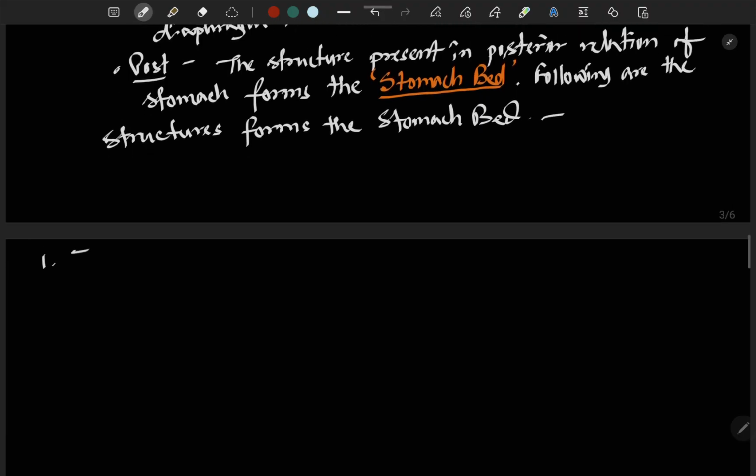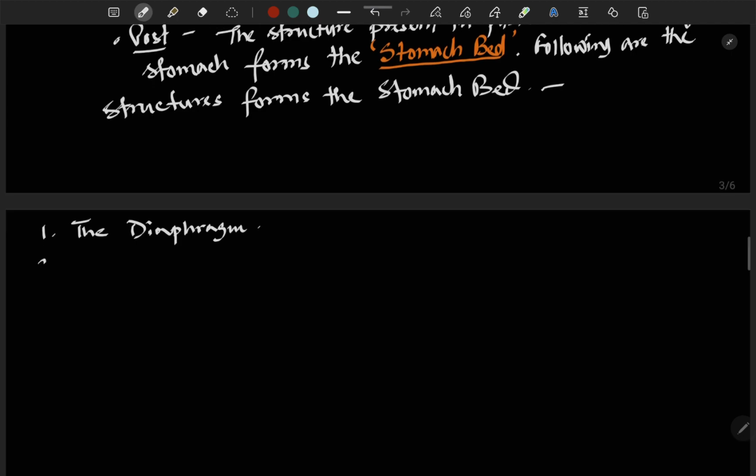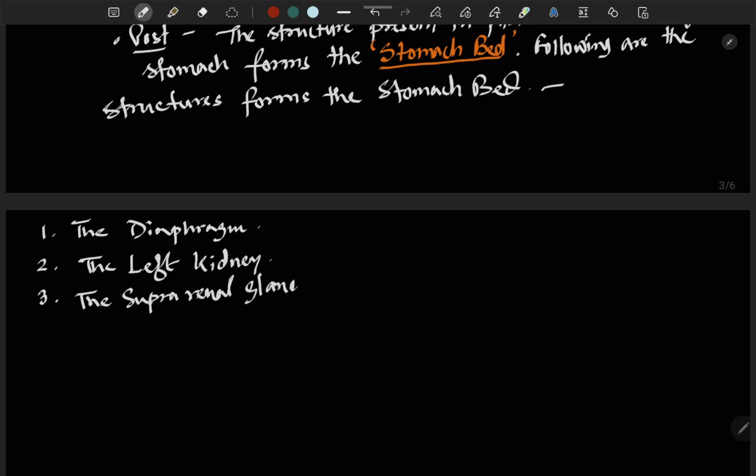Number 1, the diaphragm. Number 2, the left kidney. Number 3, the suprarenal gland. Number 4, the pancreas.